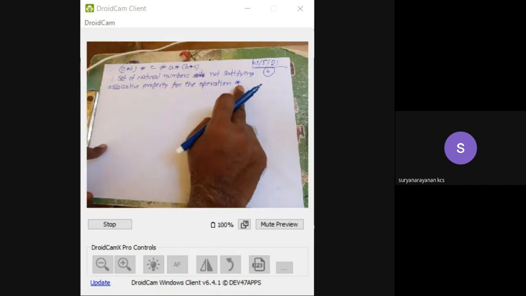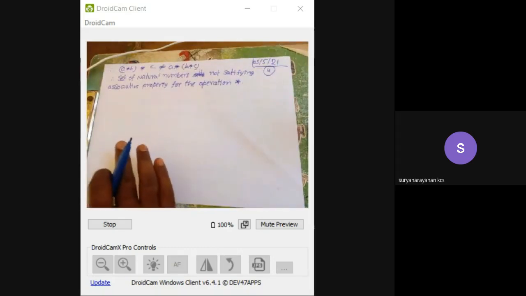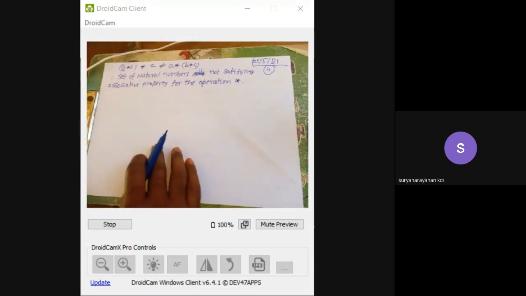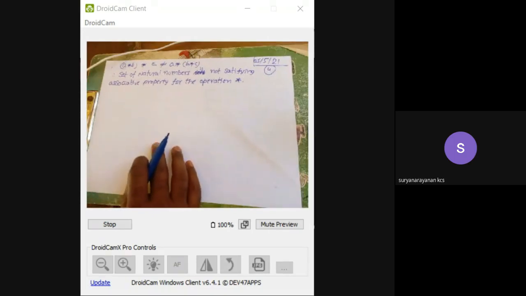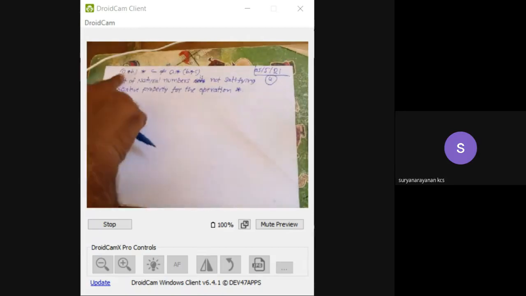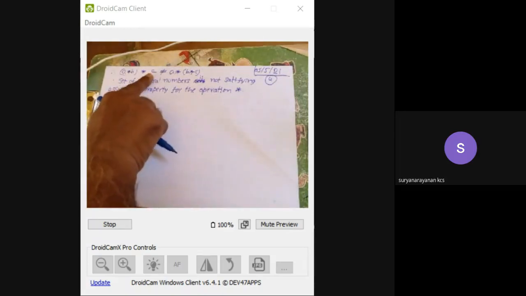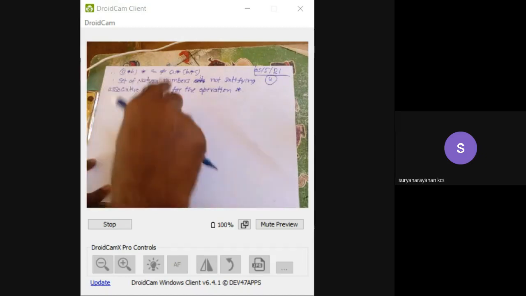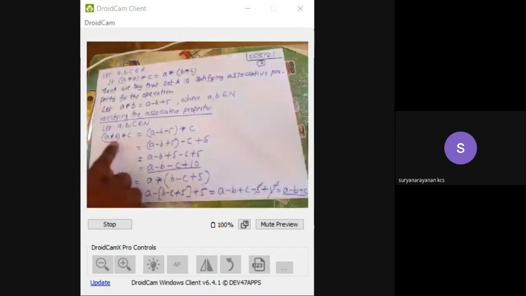How to check, how to verify whether the given operation satisfies the associative property or not. We have to find the LHS value, (A star B) star C, separately, as we have found here.